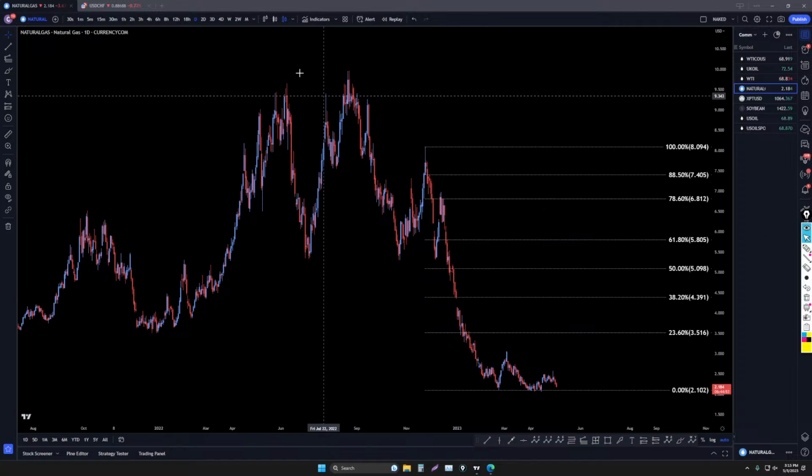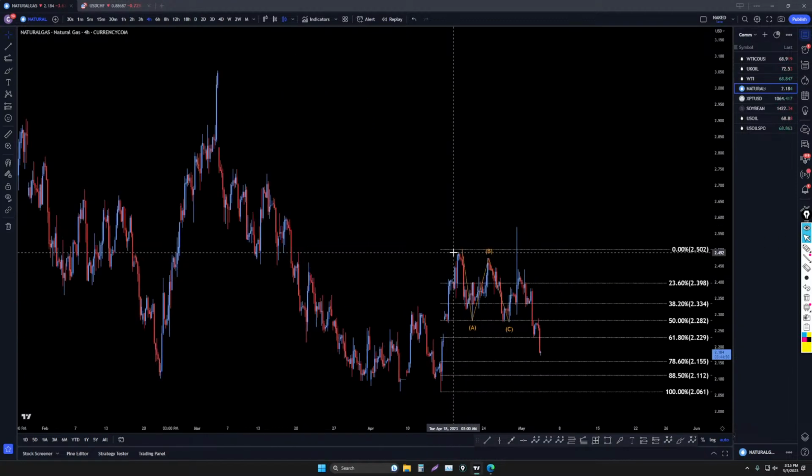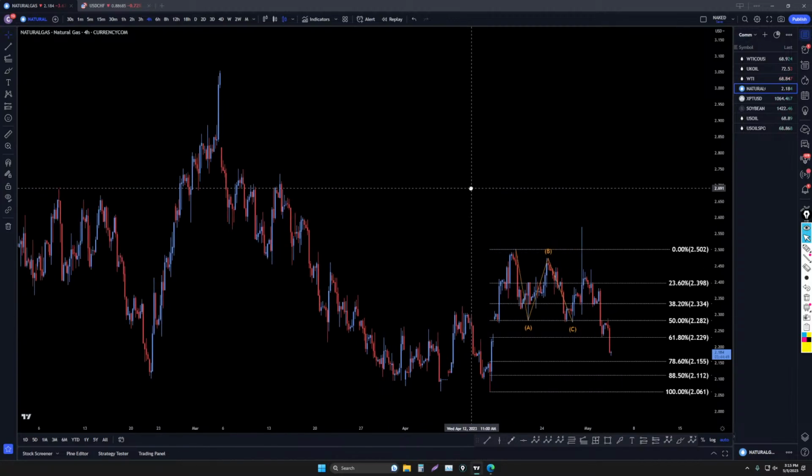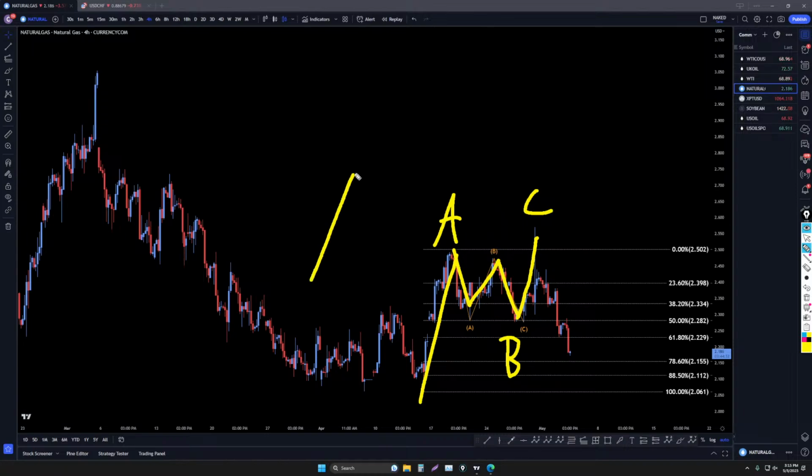Let's look at it on the 4-hour time frame. This one at least made a recognizable pattern. I don't personally trade this, but if I was, I would like to think that I would have been able to recognize that this was not a trend, because we had impulsive up, wave A. We had a very clear 3 waves down, wave B. Then we had impulsive up again, wave C. If that was a trend, it would make a shape like this, not a shape like this.